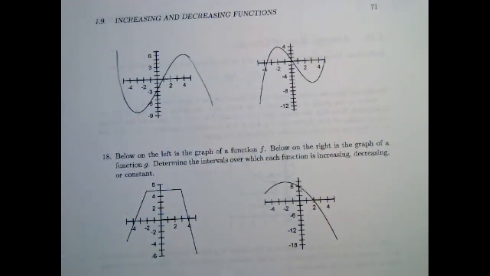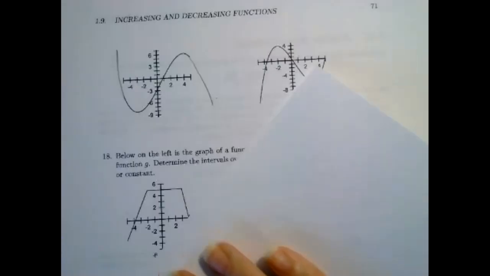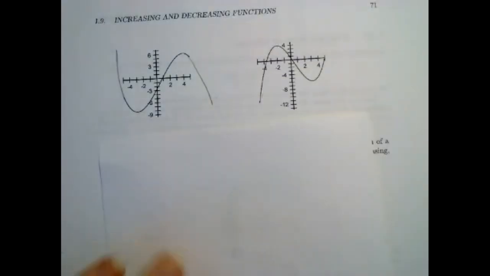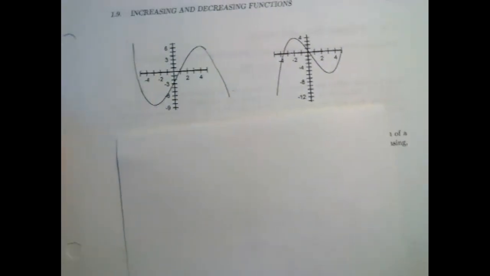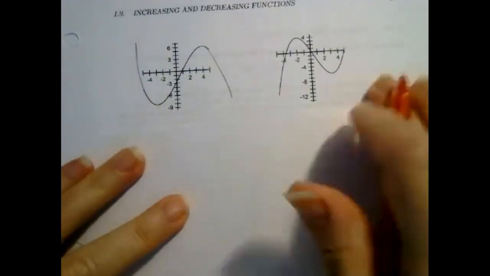And the question is, on which interval is the function increasing? We're going to write it like we did last time. So I'm doing the first one, on which interval the function is decreasing?